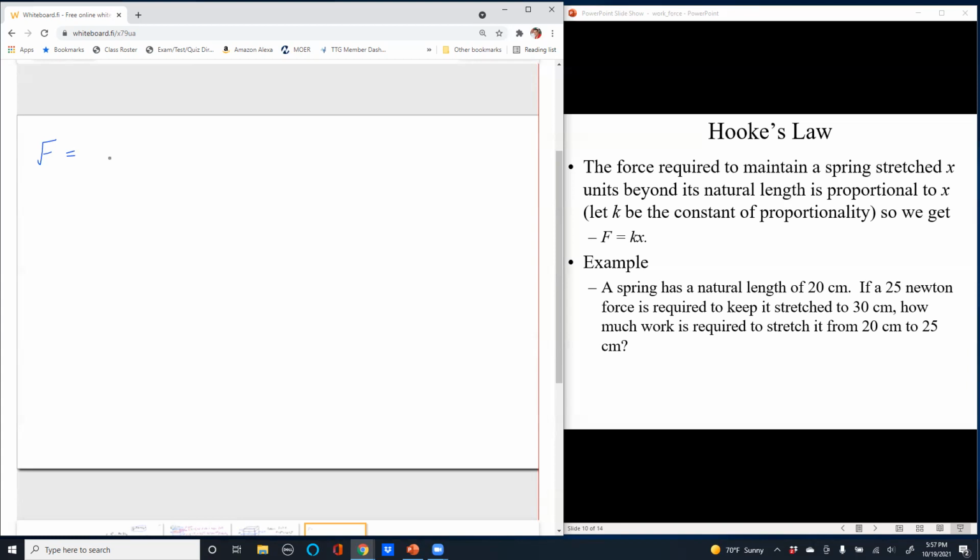The same thing goes with keeping it compressed. This means we have a varying force. This varying force is what we're going to take care of with our integral. Now, here's where we have to be a little bit careful. All right, so the spring has a natural length of 20 centimeters.